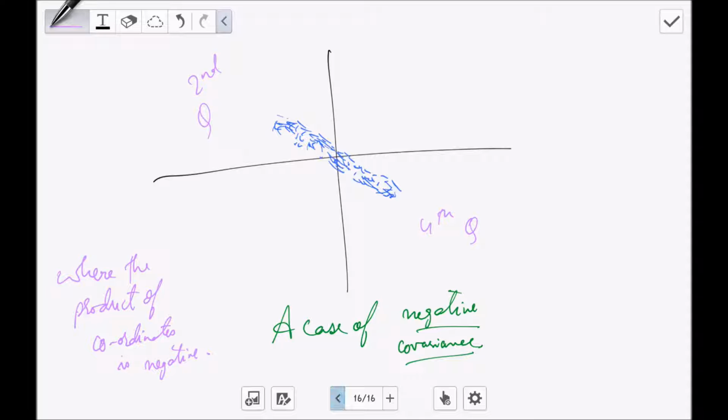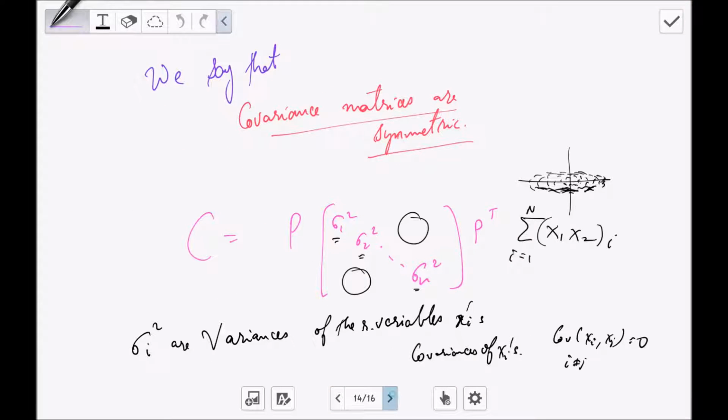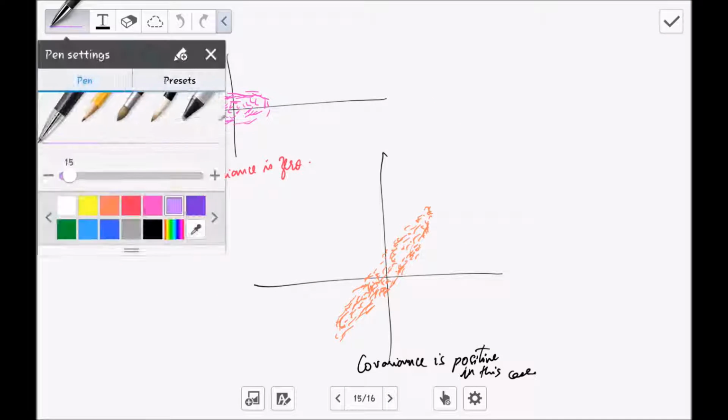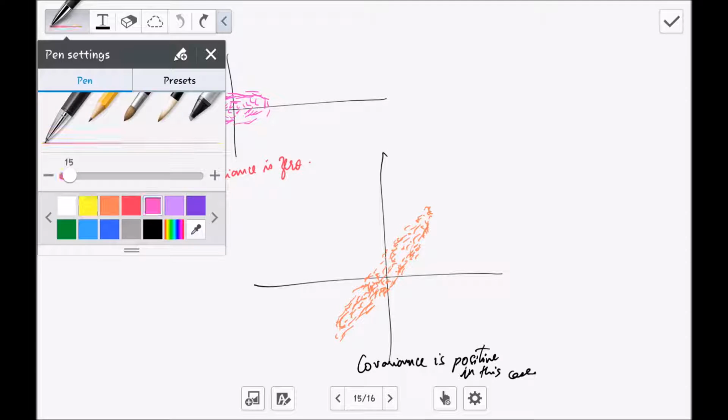Fine. So now what do you see here? These covariances, what do they imply? They imply that these data somehow have a linear relationship, isn't it?